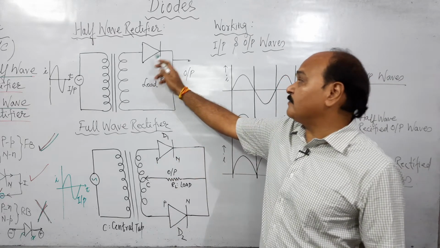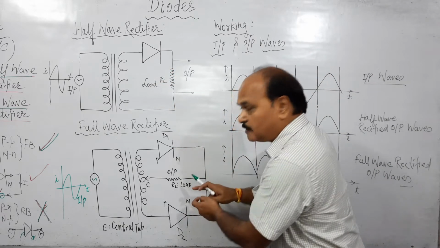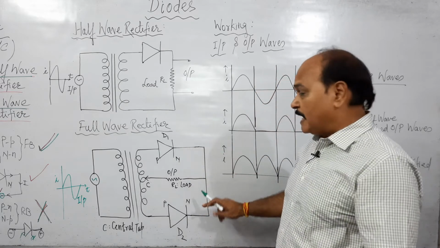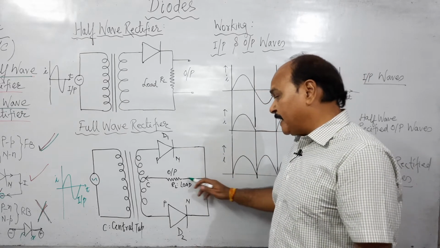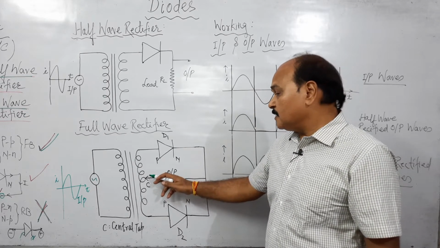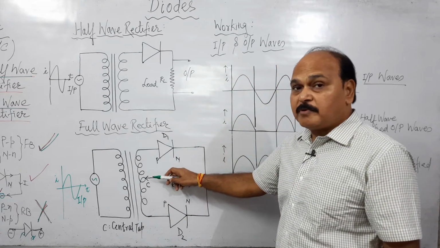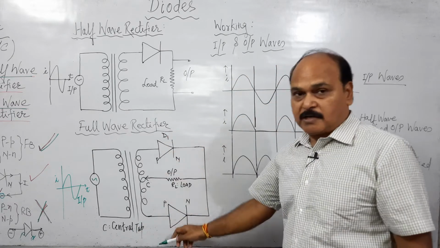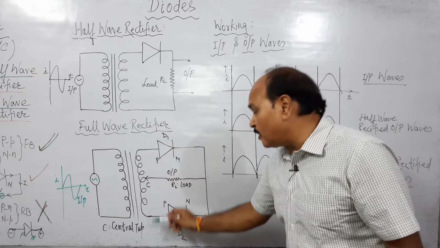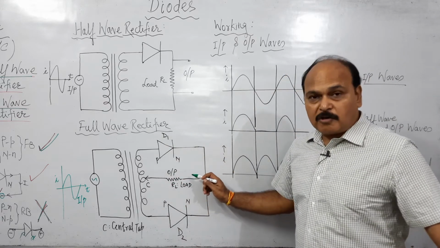In half wave rectifier we have just a single diode, but here we connect a diode here, we connect a diode here. Both the diodes are shorted to each other, that is connected to each other, and then from common terminal we connect load, and the other end of the load is connected with C. C is central tap. It is a variable knob which moves over the secondary coil. So C is the central tap. It moves all over this secondary coil, and we get the output across the load.